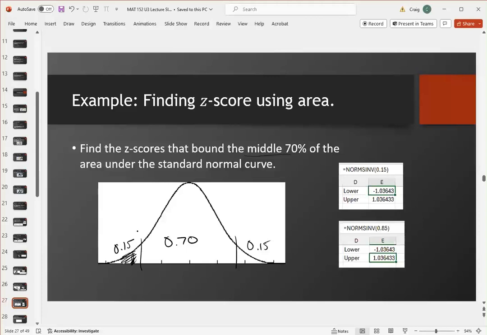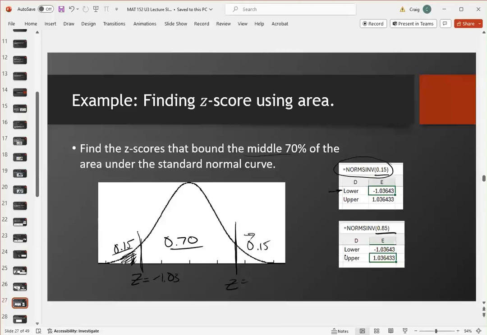If we want the boundary for 0.15 to the left, we can use our Excel command that will plug in the area to the left, 0.15, and we get Z of negative 1.03. If we want 0.15 to the right, that means there's 0.85 to the left.